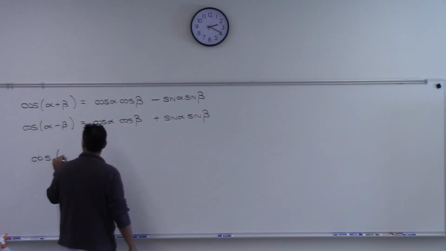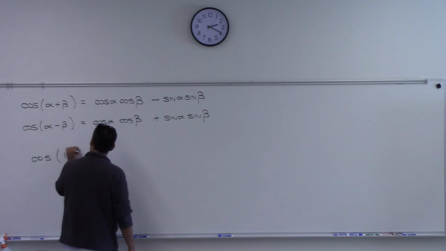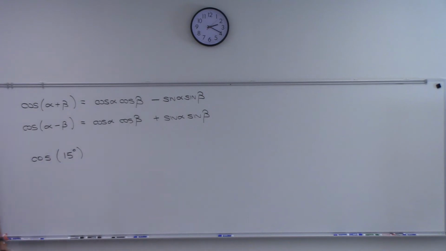I guess we don't need to make this complicated. Let's just do this. What's cosine of 15 degrees? So how do you want to do that?